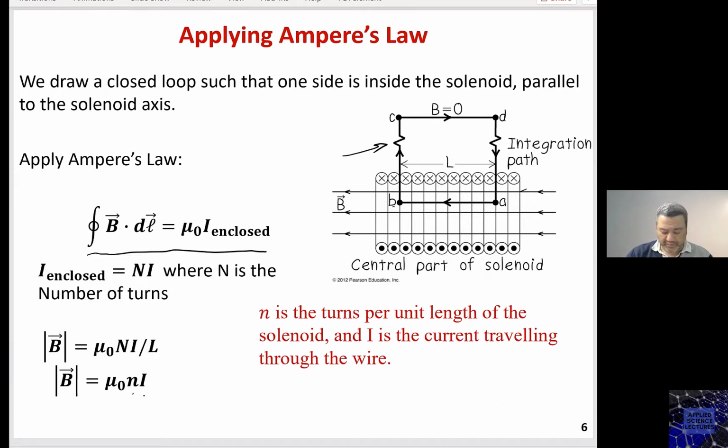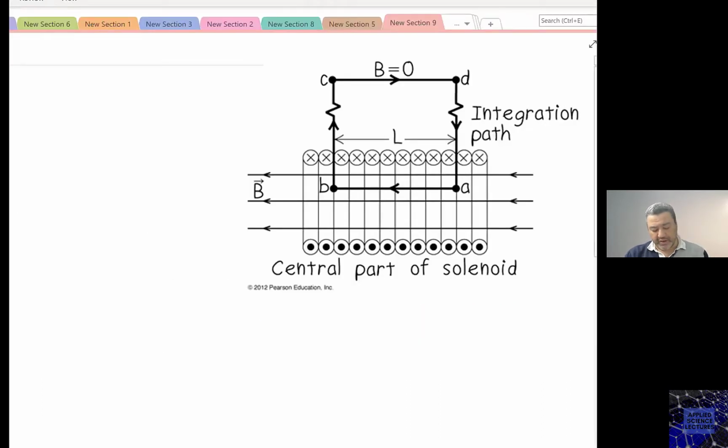So if I am to now write Ampere's law for this structure, it will be the magnetic field integral over this closed path, where dl here is the differential vector element, and this equals mu naught I enclosed.